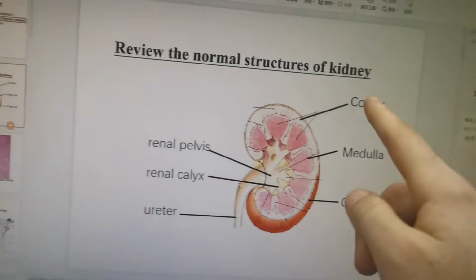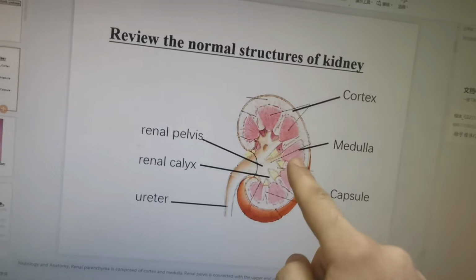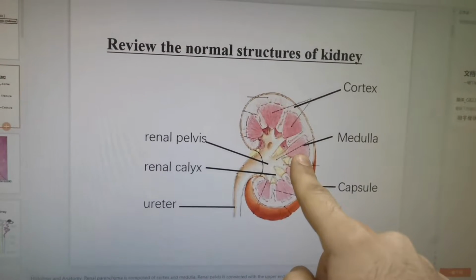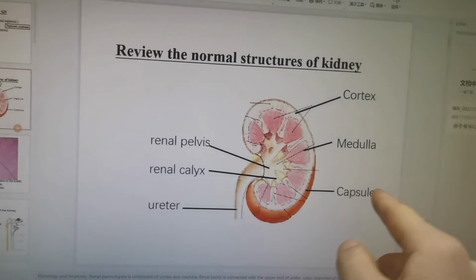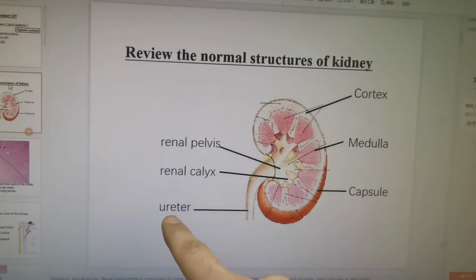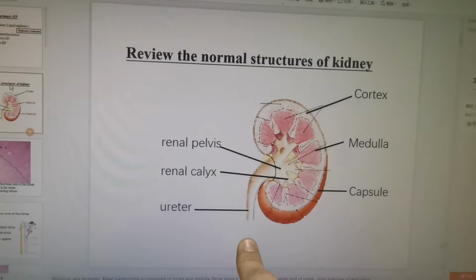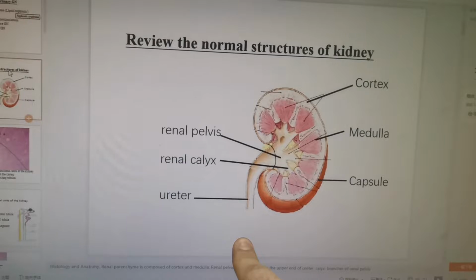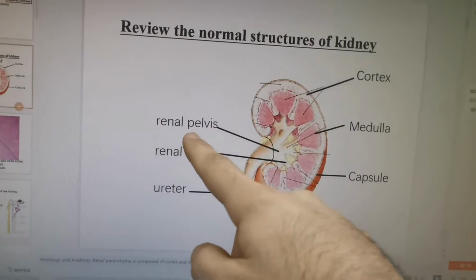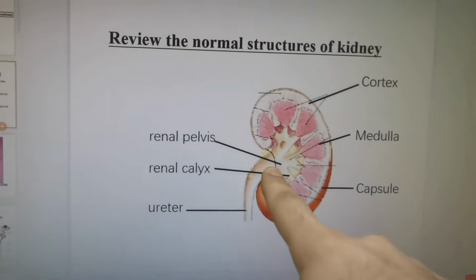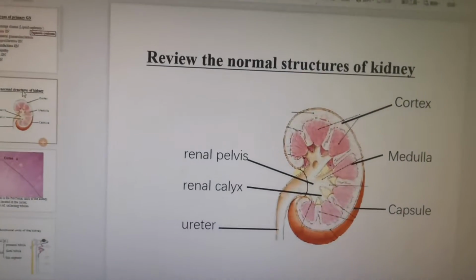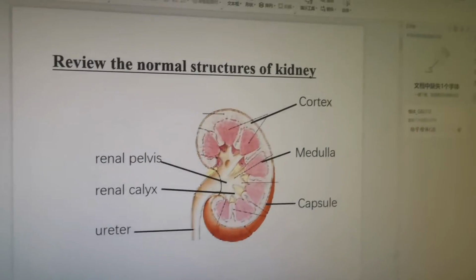These are the cortex and the medulla. These are the capsule, the ureter, the renal calyx and the renal pelvis. This is the kidney and its structures.